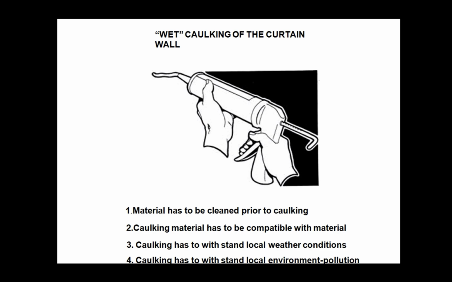Certain caulks stick better to certain materials than others. So you need to make sure you have the right material on hand, and that it's also rated for the same thing that the windows or the mullions are. Because if it's not, then the caulking, even with good application, becomes your weak point.